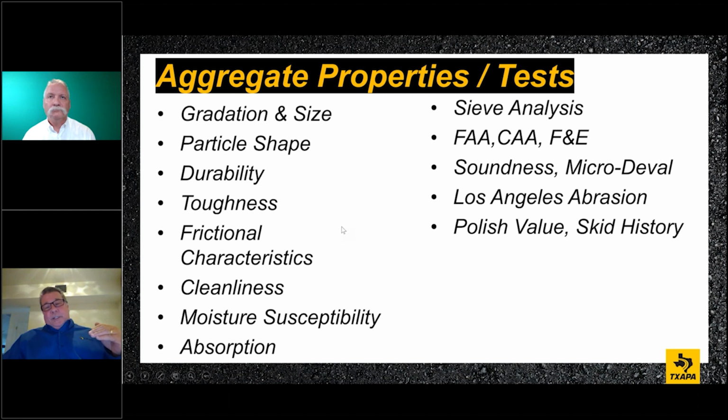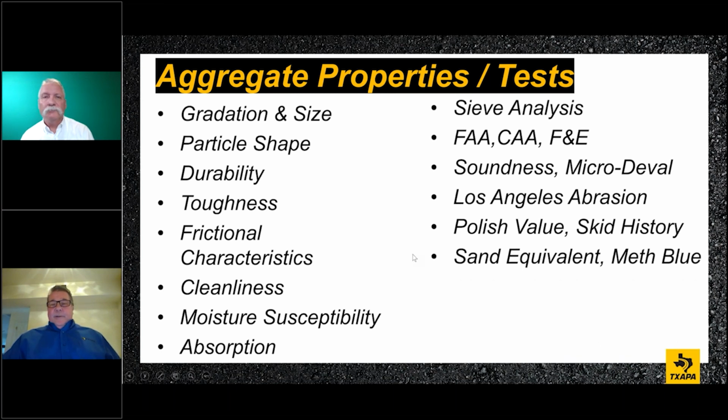But just because an aggregate is very durable and it's got good skid value and it's got the coarse aggregate angularity, it still might not work correctly in a mix design if you don't get those particle sizes to interlock together.